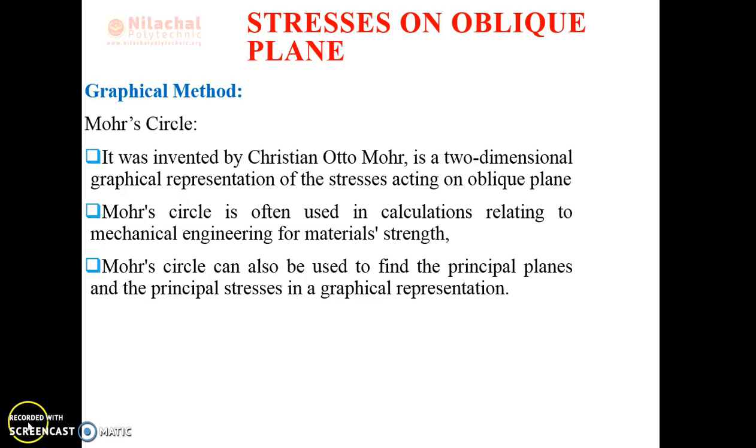According to his name, Mohr's circle is used for the graphical method of finding the normal stress, tangential stress, and resultant stress on an oblique plane of a body subjected to direct stresses. There may be like direct stresses or unlike direct stresses, and by using the Mohr circle, we can also find the location of the principal plane.